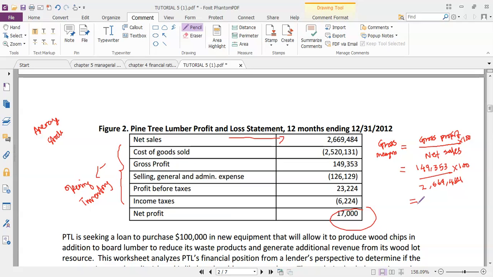What is the gross margin? 6%. So 6% is the gross profit margin.